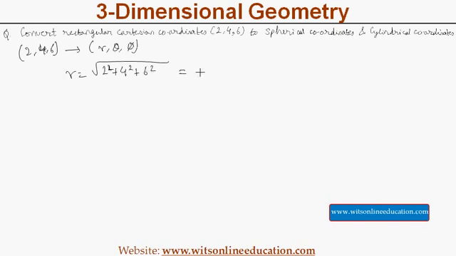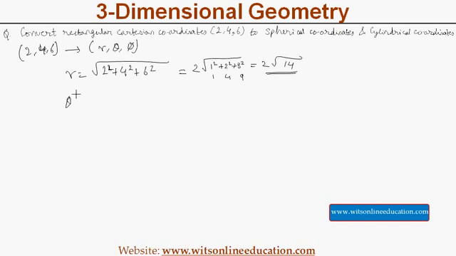Taking 4 common, we have 2 outside the square root, and this will be 1 square plus 2 square plus 3 square, that is 2 square root of 1 plus 4 plus 9. 1 plus 4 is 5, and this becomes 2 square root of 14, the value of r.